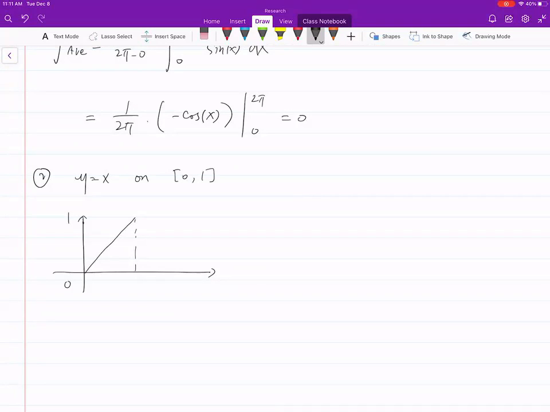Let's go to the old trick. We draw something here to make sure the numbers above are exactly the same as the numbers below. That's where the average value is. Anything above will equal everything below. Can you see that for this one? Since it's a triangle, the average value should be at 1/2 because they cancel each other exactly.